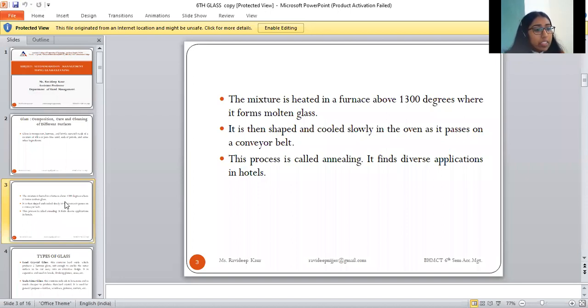This step is called annealing, and it finds diverse applications in hotels. The whole process of shaping and cooling the glass is called annealing, and this is how we get glass.